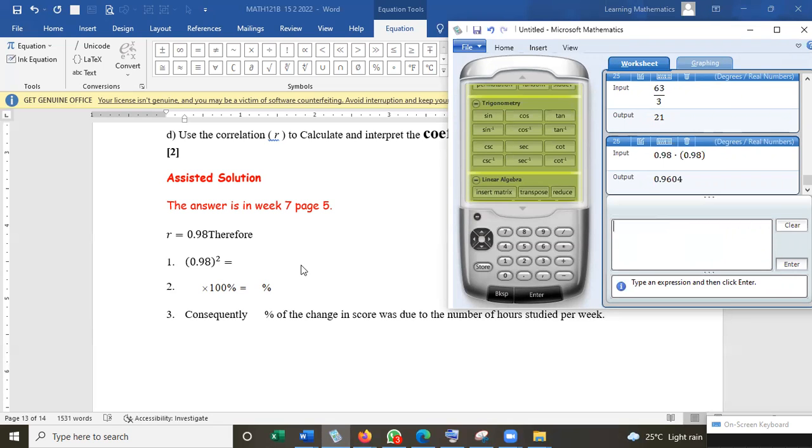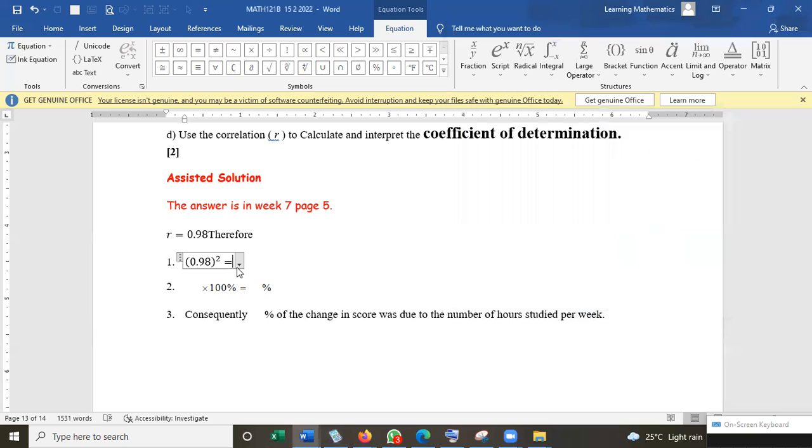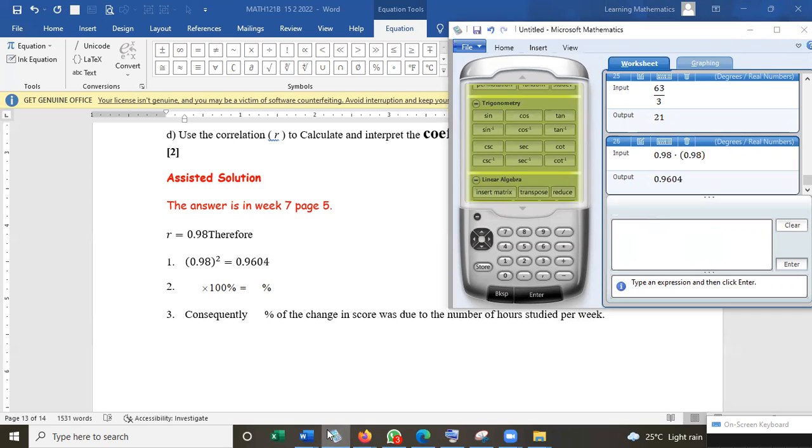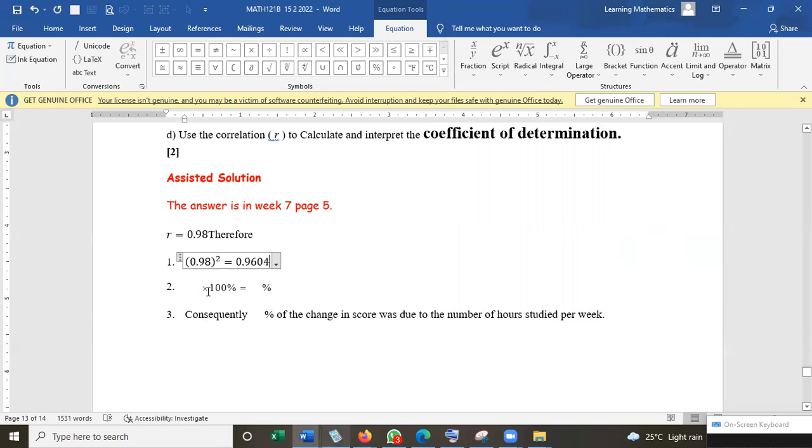So I'm getting 0.9604. Then it says multiply your product by 100%.